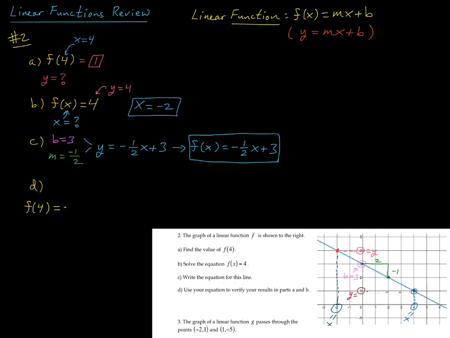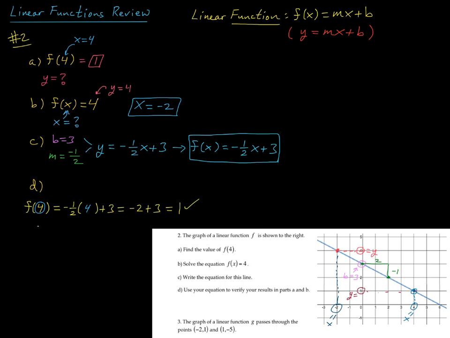So I want to take minus 1/2 and multiply that with our input, which is 4, and then we're going to add 3 to the result. And minus 1/2 times 4 is minus 2, and adding 3 does in fact give me 1. So that's an agreement.